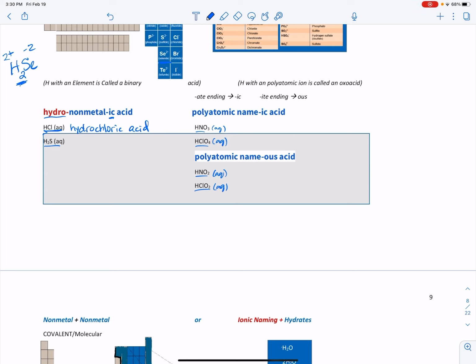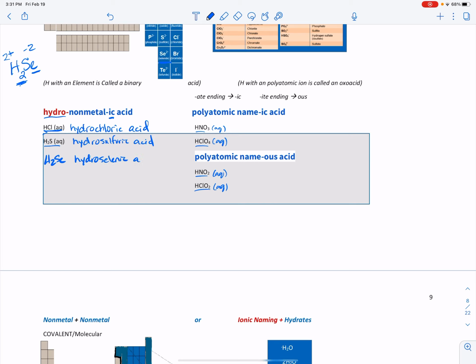So pause the video for a minute and see if you can figure out what H2S would be. Hydrosulfuric acid. And then look at H2Se. This is selenium.